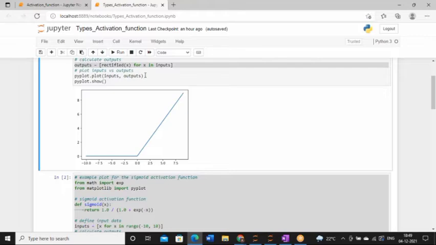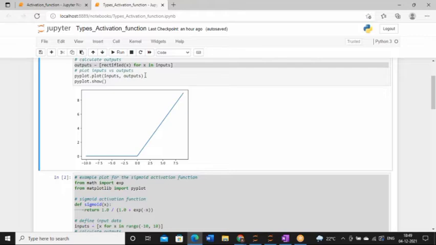When using the ReLU function for a hidden layer, just remember one point: there is a concept known as He normal or He uniform weight initialization. In the previous class I discussed that you have to assign the weights randomly.